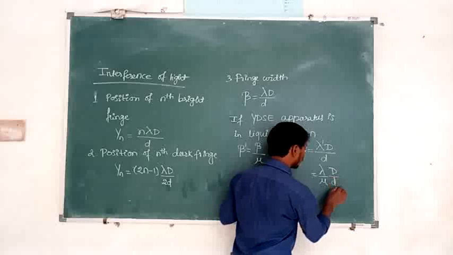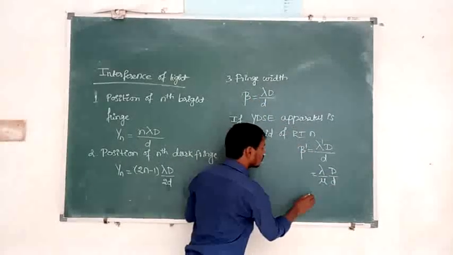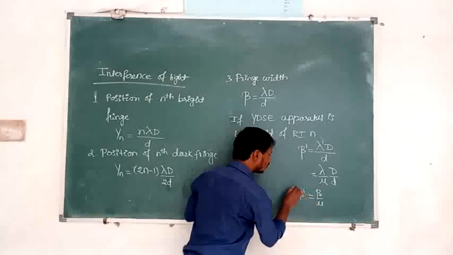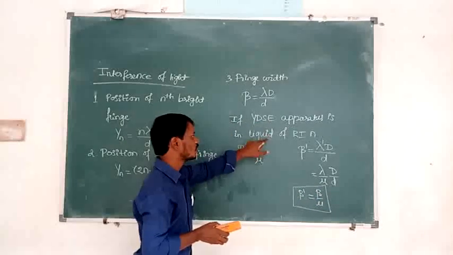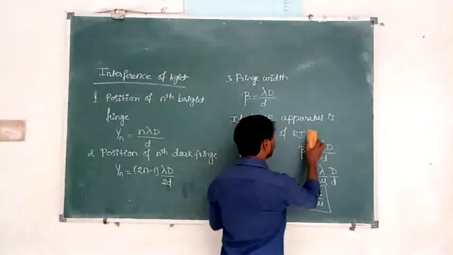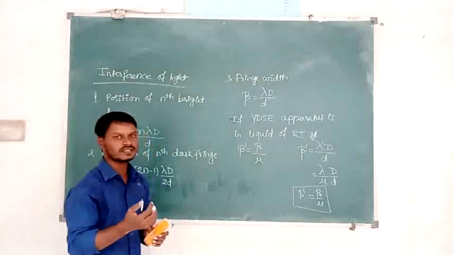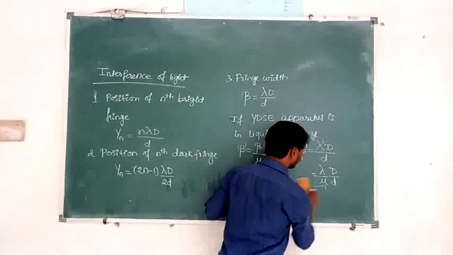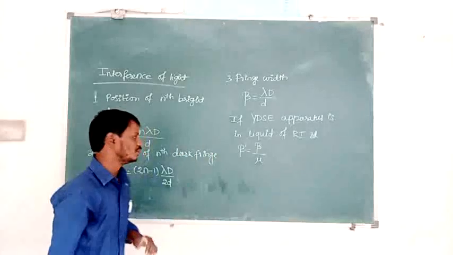So lambda D divided by d is beta, and it is beta by mu. This is the expression for fringe width when Young's double slit experiment is placed in a liquid of refractive index mu. Whichever you take, n or mu. Next we are going to discuss angular fringe width. What is angular fringe width?